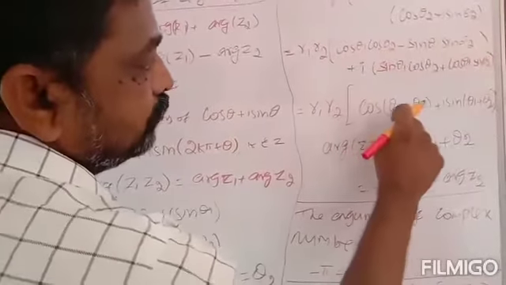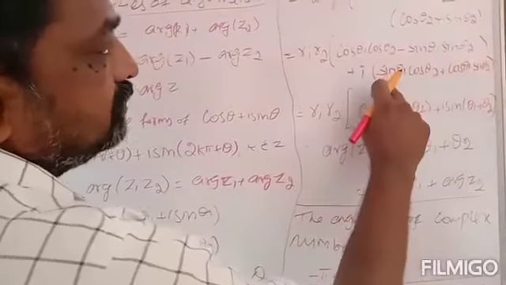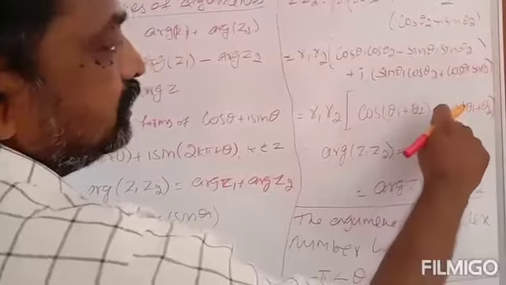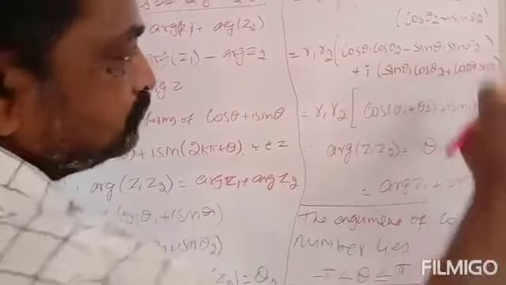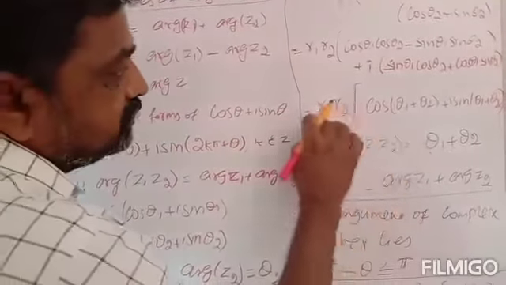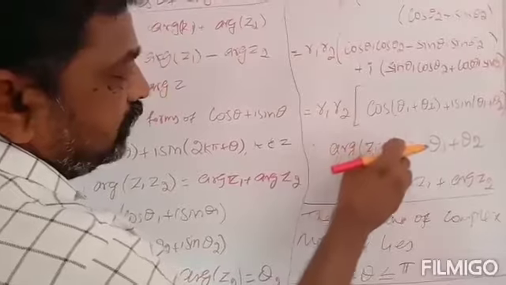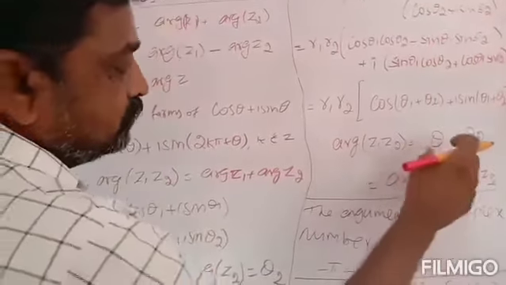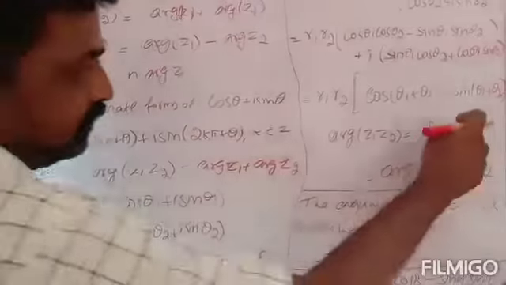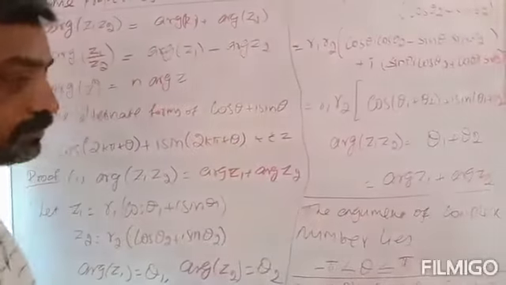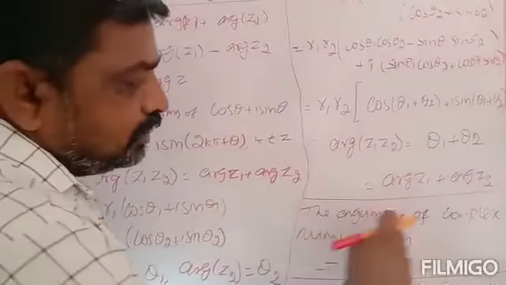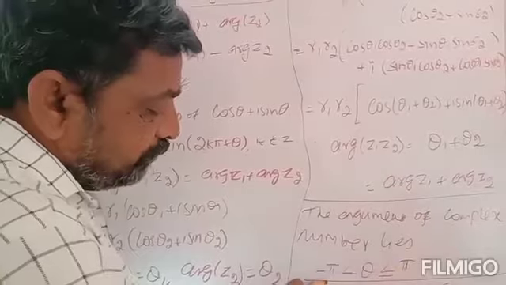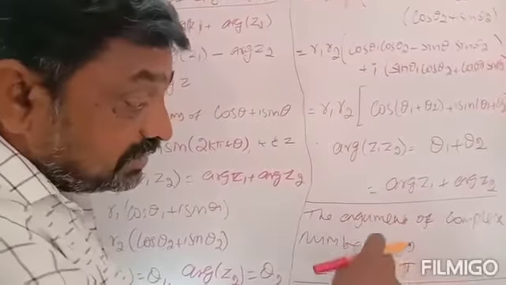Multiplying these two complex numbers using x1 x2 minus y1 y2, we get r1 r2 into cos theta 1 cos theta 2 minus sin theta 1 sin theta 2, plus i into sin theta 1 cos theta 2 plus cos theta 1 sin theta 2.